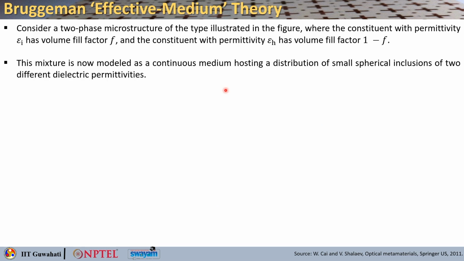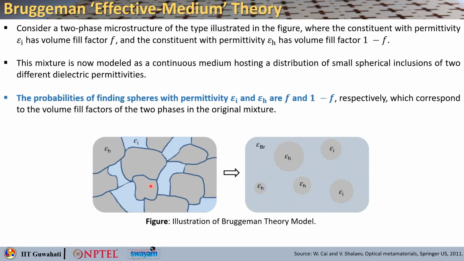So, you can consider a two phase microstructure of the type that is shown here, where the constituent with permittivity epsilon I has a volume fraction of f, and the constituent with permittivity epsilon h will have a volume fraction of 1 minus f.